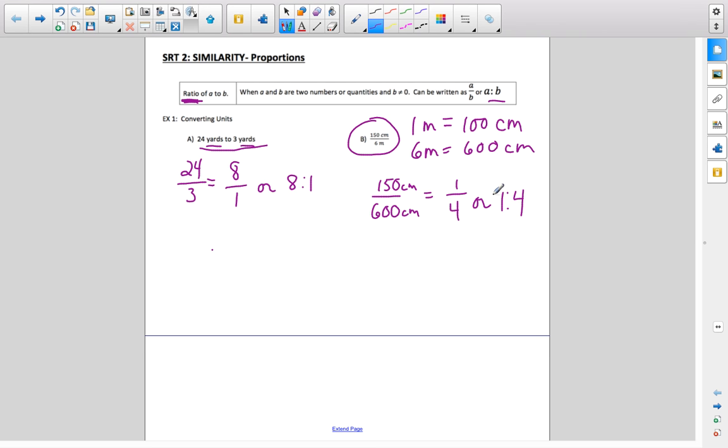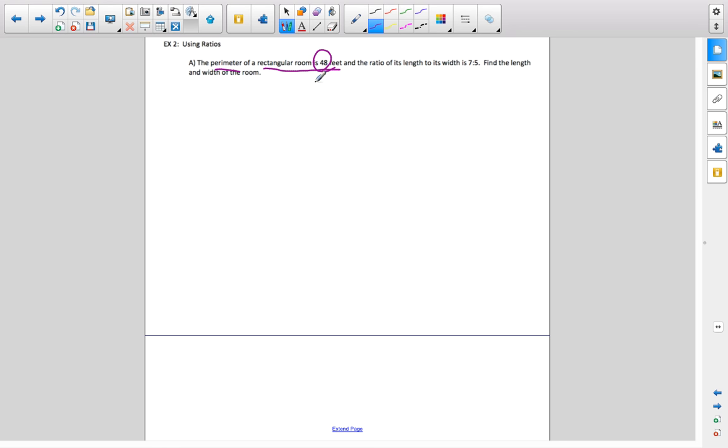This one talks about the perimeter of a rectangular room being 48 feet, so I'm going to give it a circle, and the ratio of its length to the width is 7 to 5. That does not mean that the room has a length of 7 and a width of 5. It just means that's how they compare to each other. For a rectangle, the perimeter equals 2 lengths plus 2 widths.